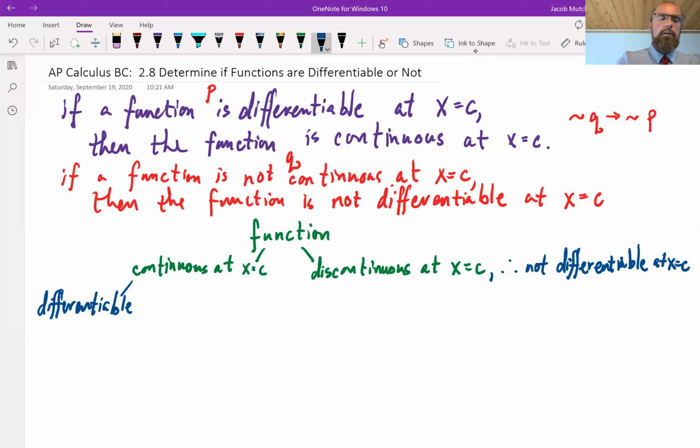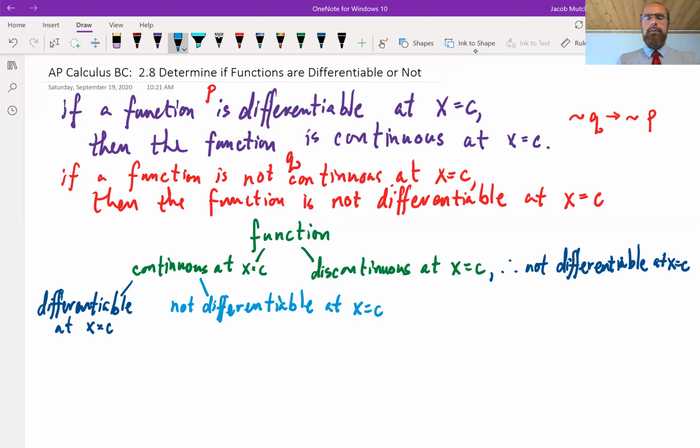Where we want to focus today is right there at that differentiable case, x equals c, and also at the possibility that a function could be continuous and not differentiable. So really we need to kind of fill in this case here. What are those functions and what's their qualities that makes them continuous at a certain value but not differentiable at that same place?